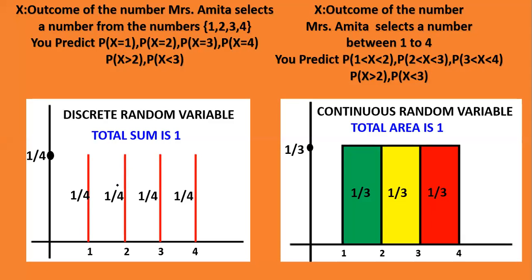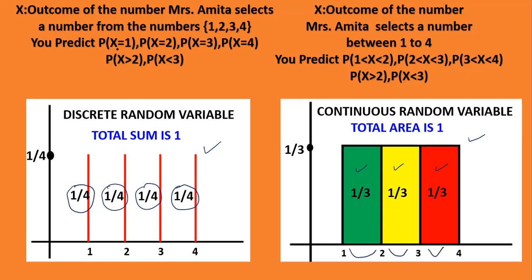Now, in the same example, which was represented using the table, you can draw a graph this way. It's like a proper human, and this one is like a skeleton. We have gaps in between. So if you sum up, you get 1. If you find the probabilities, I mean areas here, interval probabilities, the areas will be 1.